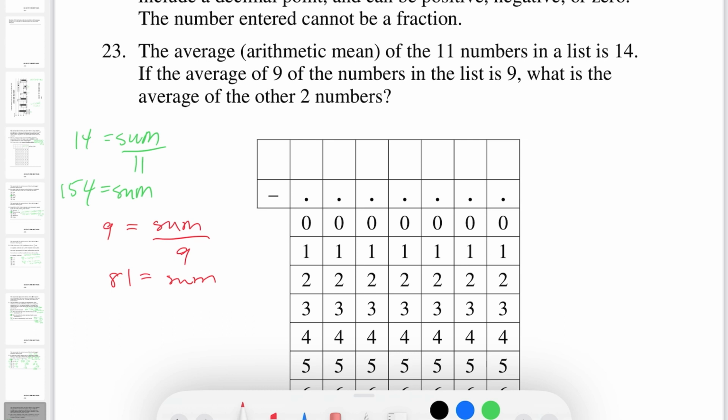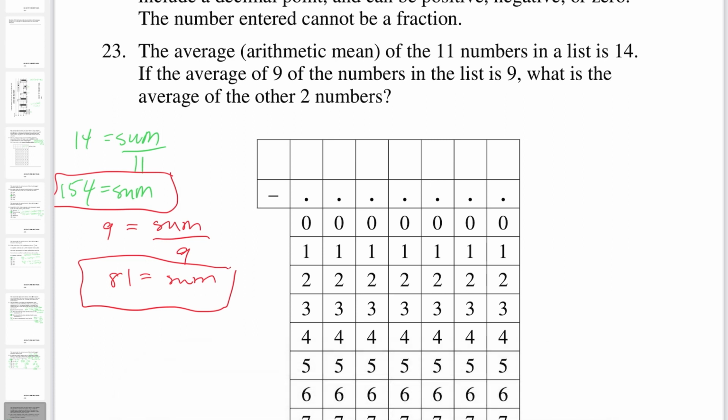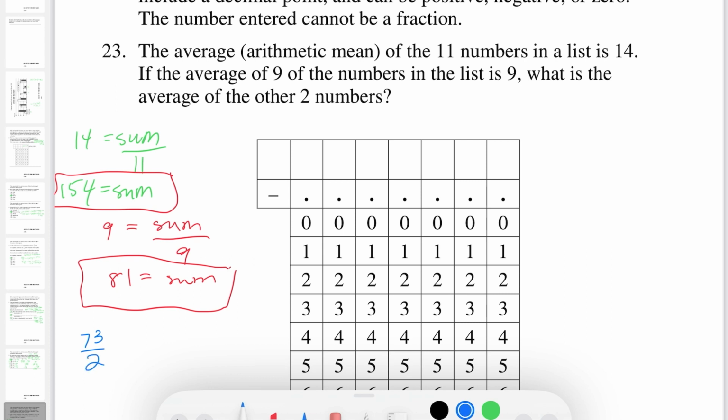So I know that this 81 is being taken out of the 154, and then we're left with the 2 remaining numbers. So we can do 154 minus 81 is 73, our new sum of the 2 numbers. So we'll find our average by doing 73 divided by 2, which is 36.5, and that will be our answer.